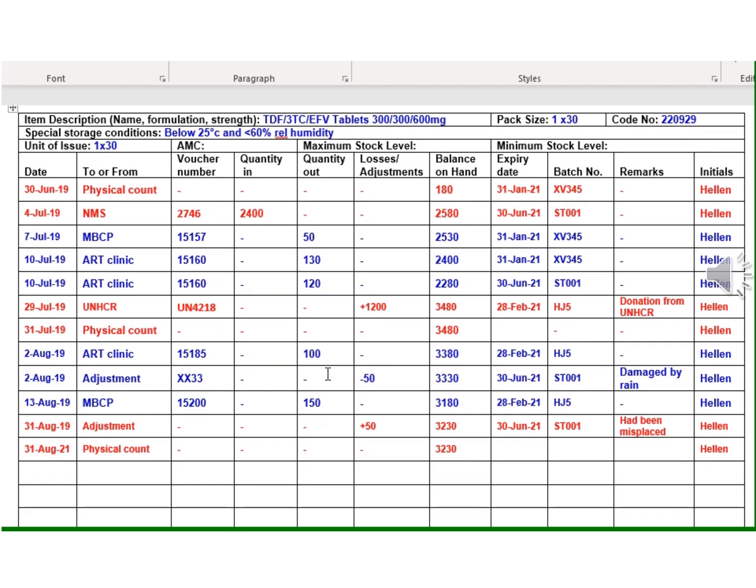Okay, a stock card we have here is reflecting consumption in the month of July and the month of August. And in the month of July, we used 50 tins plus 130 tins, that is 180, plus 120 tins, that is 300 tins.